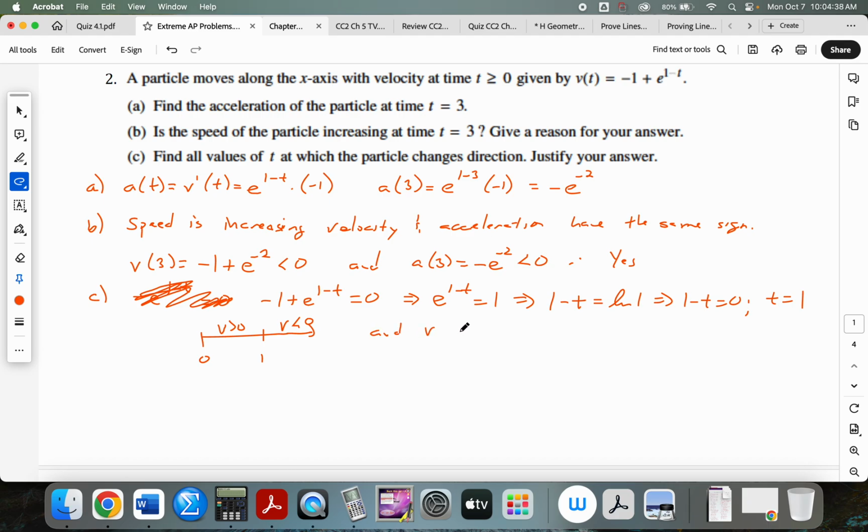And v changes from positive to negative at t is equal to 1. So my answer is t is equal to 1.